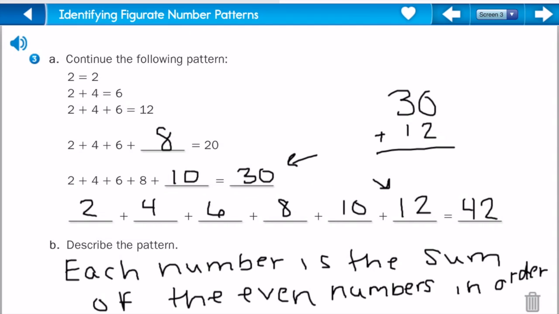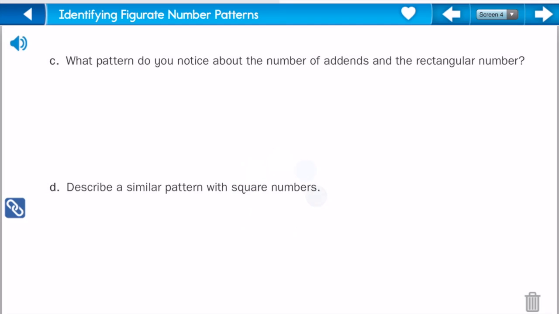All right, let's look at the next screen. So, what do you notice about the number of addends in the rectangular number?